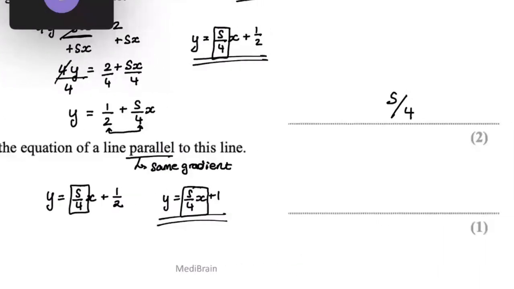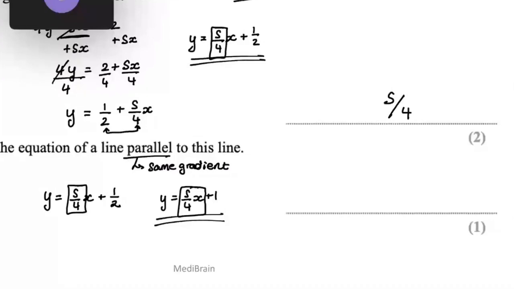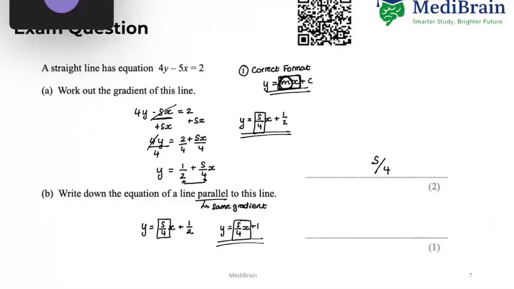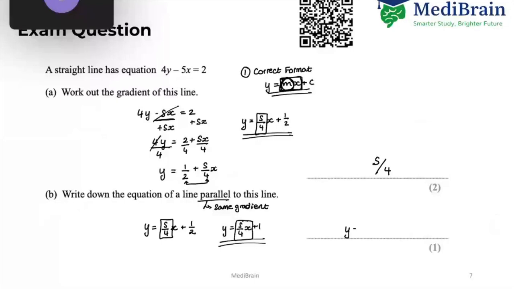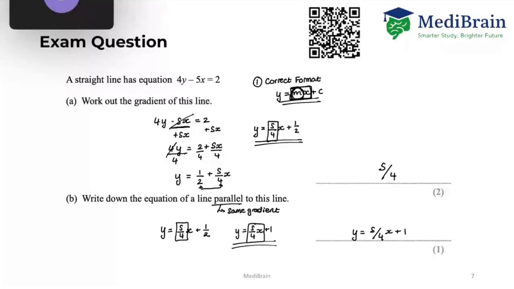Because parallel lines just have the same gradient, they have the same steepness. So y equals 5 over 4x plus 1. Hopefully that makes sense to everyone. Just let me know if you have any questions in the Q&A or the form at any point.